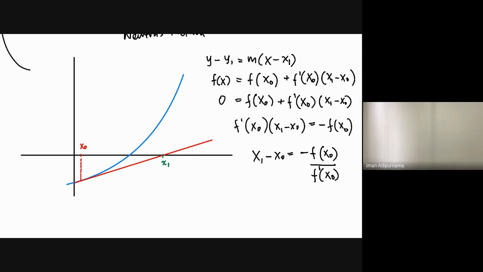So when this is 0, we have f of x0 plus f prime of x0 at this x0, and then the delta of the x will be x1 minus x0. You have the tangent, this is the slope, and you can rewrite the equation and it becomes this equation.